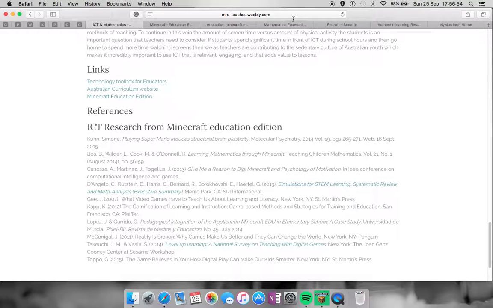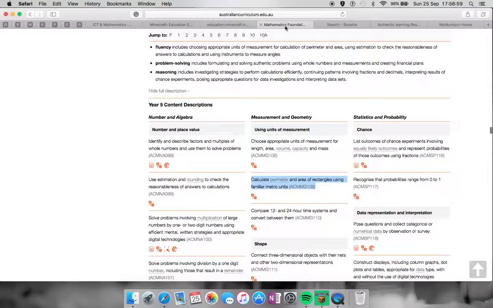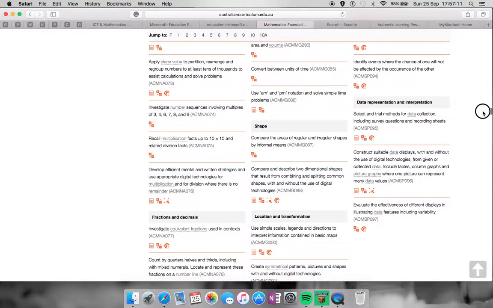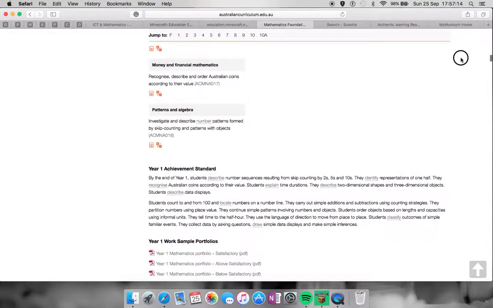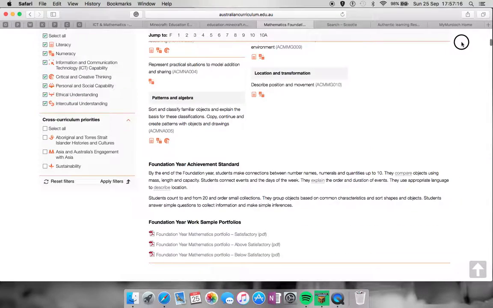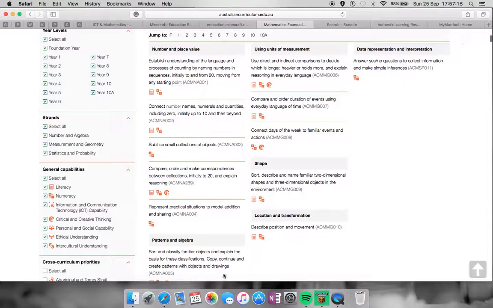If we go to Foundation here, you can see this is the Australian curriculum outcome that I was meeting. One thing I would like to show you while I'm on this website is how much information technology is involved.